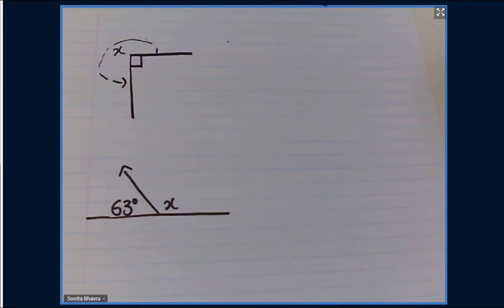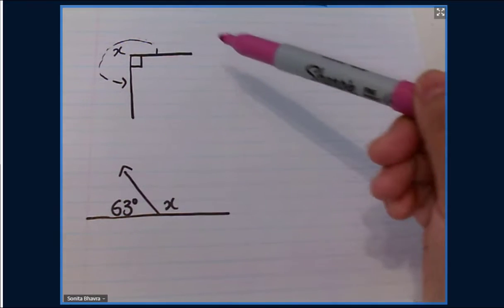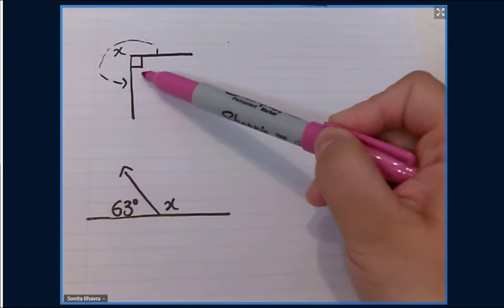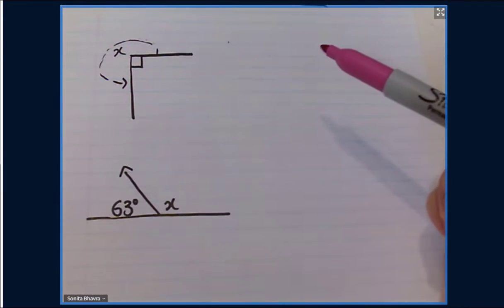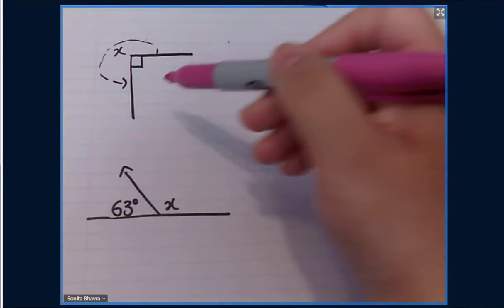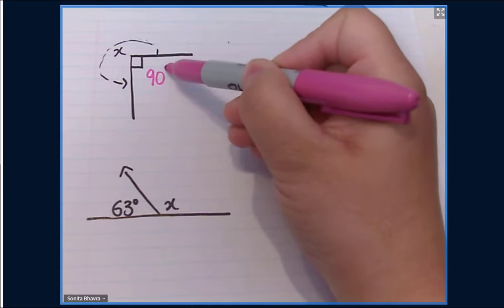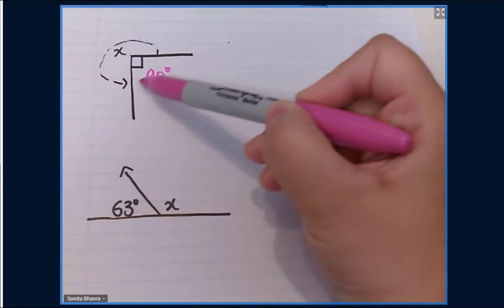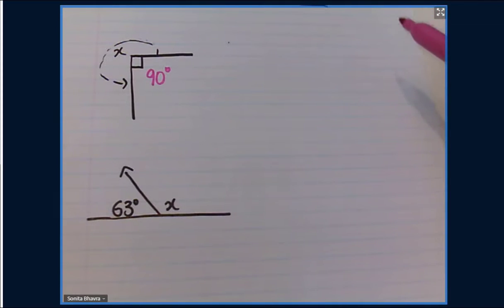All right, so we're looking at this example next. All right, and right here we have the little square. So we know that little square represents a 90 degree angle. So we know this part here is 90 degrees. All right, if we had made a full circle, it would be 360 degrees.